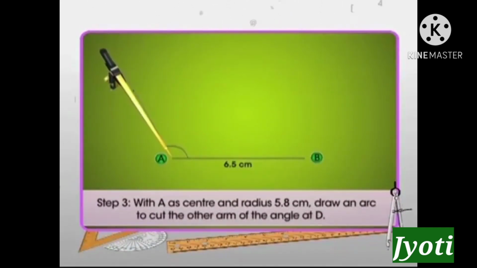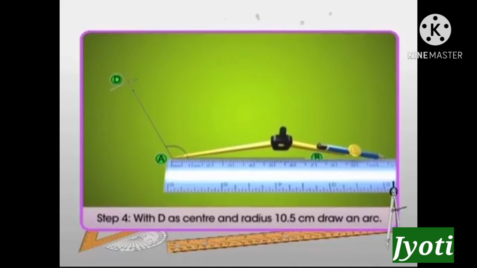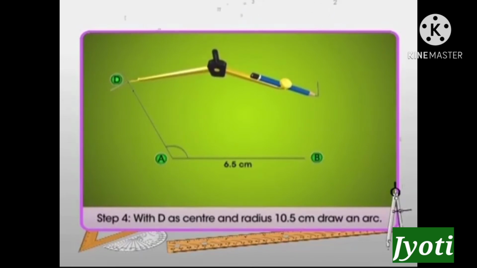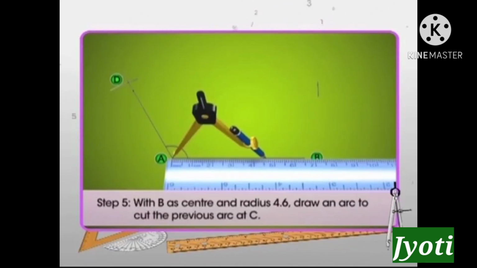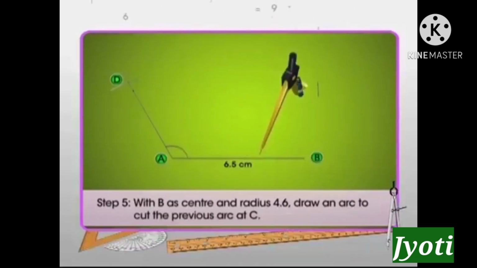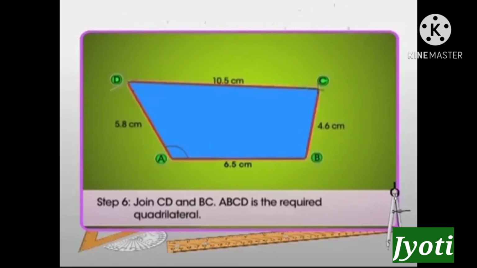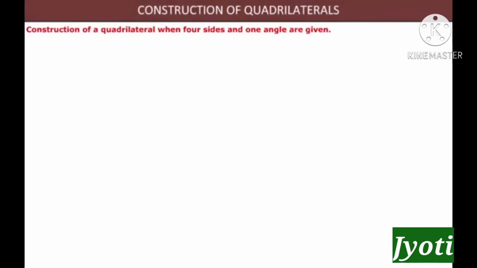With A as a center and radius 5.8 centimeters, cut this arm of the angle A at D. Now with D as center and radius 10.5 centimeters, draw an arc. With B as a center and radius 4.6 centimeters, draw an arc to cut the arc drawn in the previous step at C. Finally, join CD and BC. Here is the quadrilateral ABCD that we want.